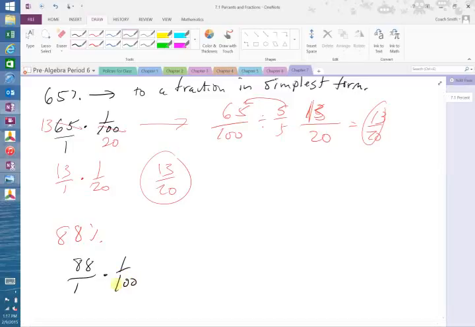You cross-cancel. 4 goes into 88 22 times. 4 goes into 100 25 times. And so that gives me 22 times 1 on top, 1 times 25 on bottom, for 22 over 25.